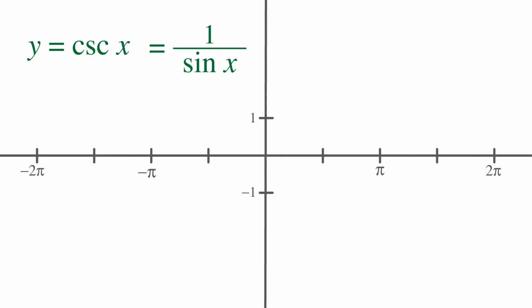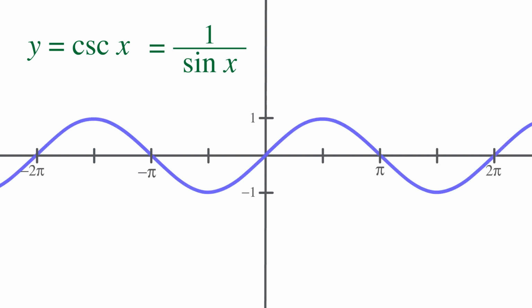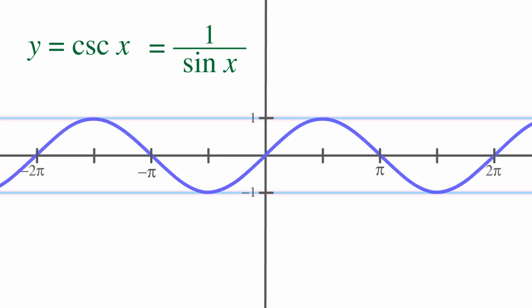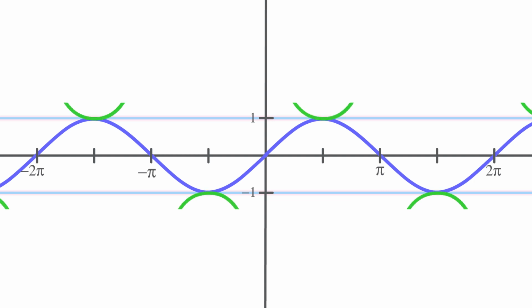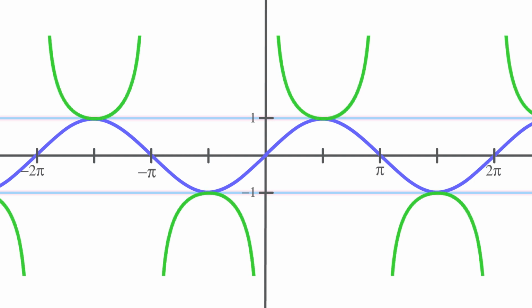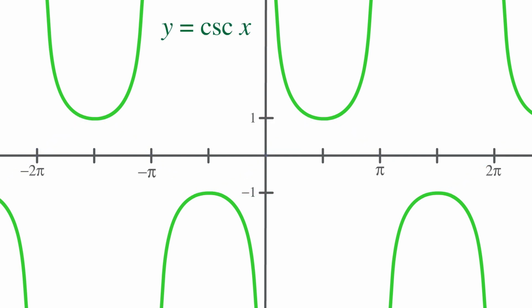Cosecant is very similar to secant. We just draw the reciprocal graph of sine rather than cosine. So we'll start with the sine curve and then send it through our special reciprocal mirrors. The result has the same shape as secant, but it's horizontally shifted, just as sine and cosine are horizontally shifted copies of each other.